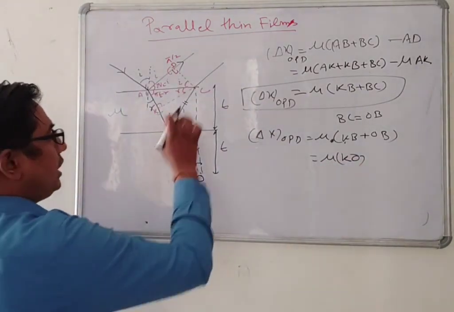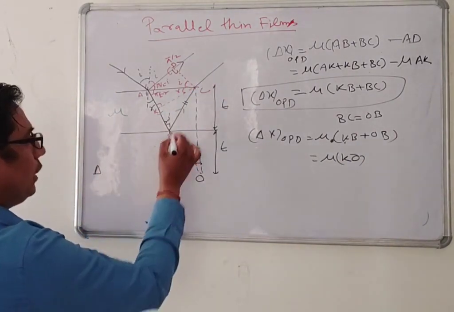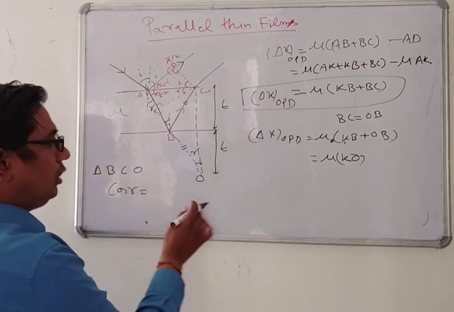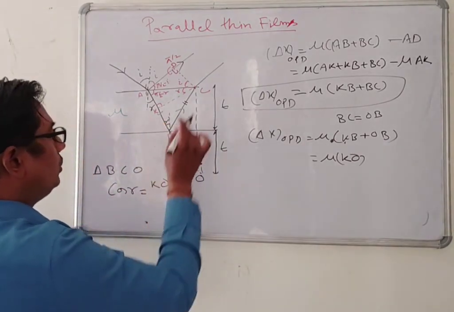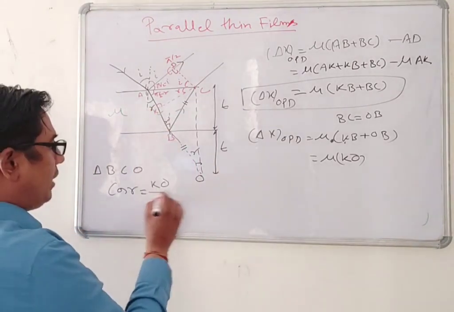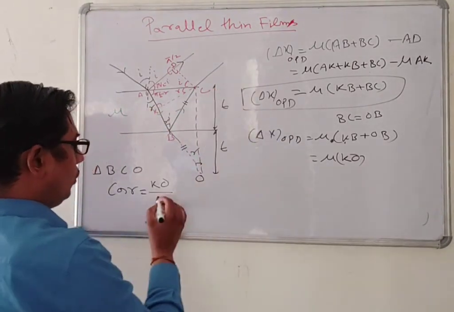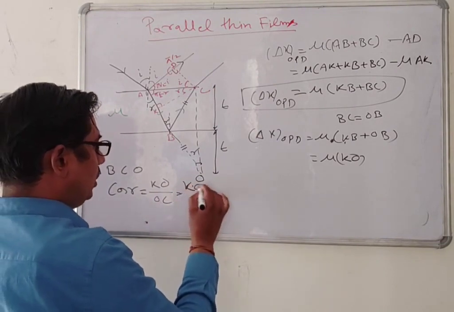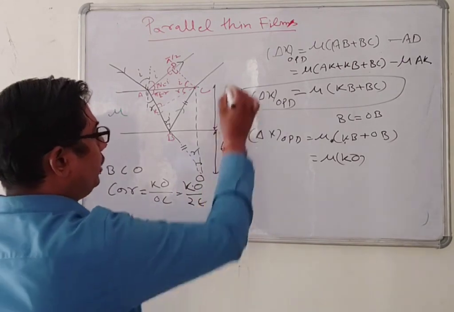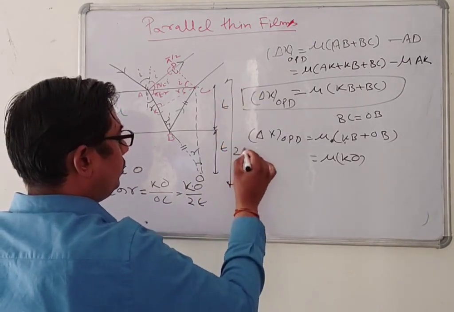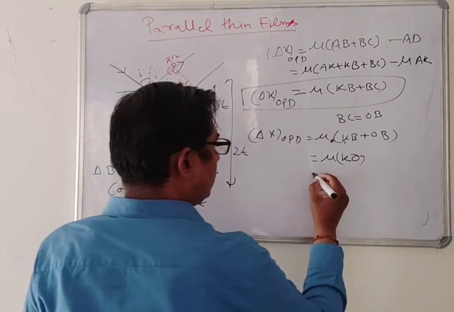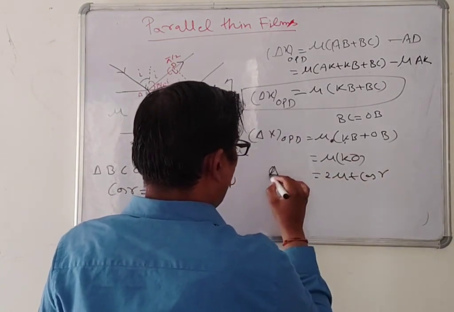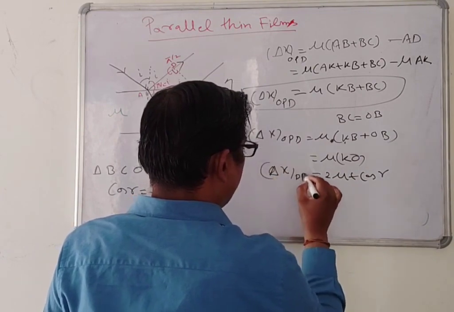Now you can see that in the triangle BCO, cos R is equal to KO divided by OC, and KO and OC is equal to 2T. You know the total thickness from here is 2T. You can write here 2 mu T cos R is the optical path difference.